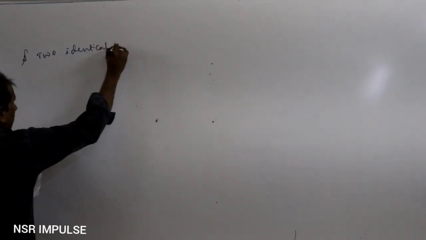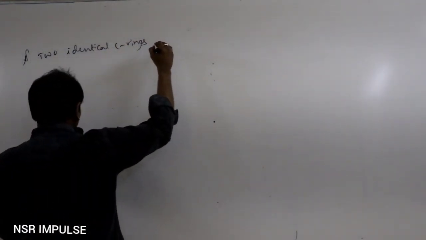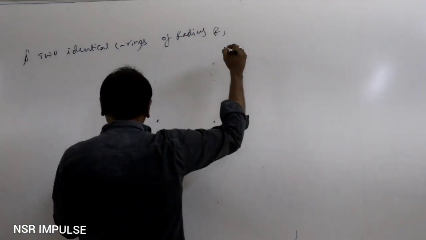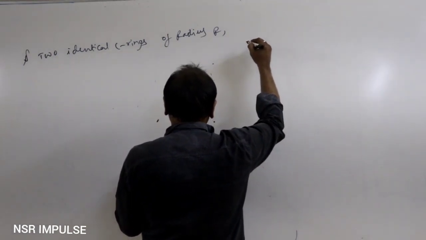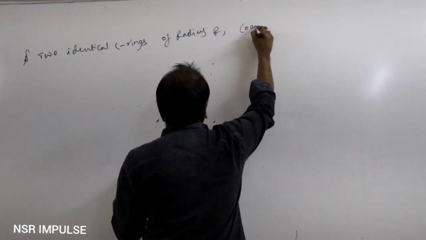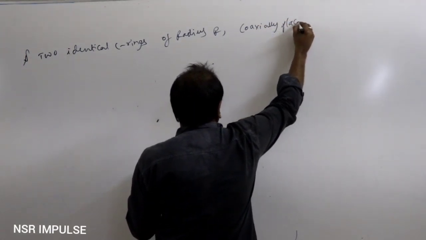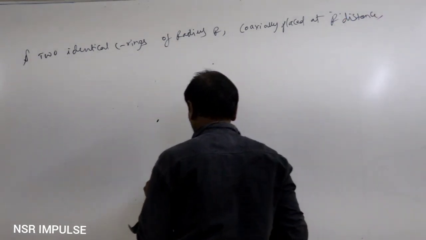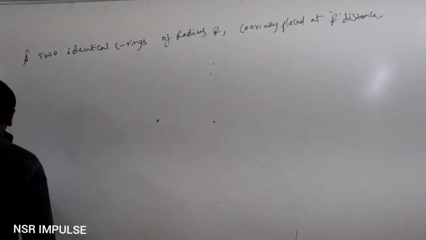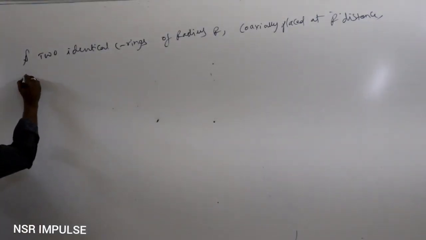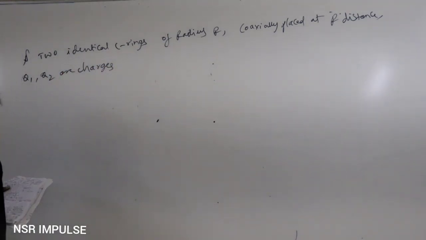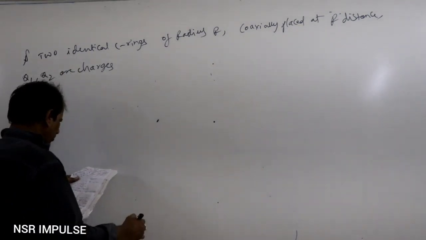Problem. Two identical circular rings of radius capital R, coaxially placed at r meter apart. Q1 and Q2 are charges on them, which are uniformly spread out.